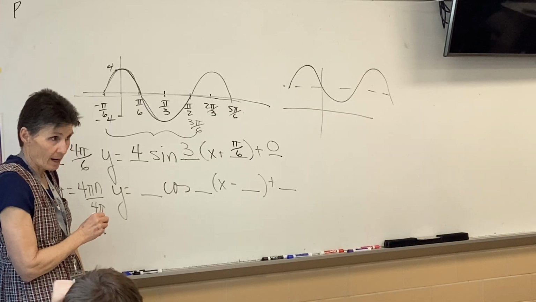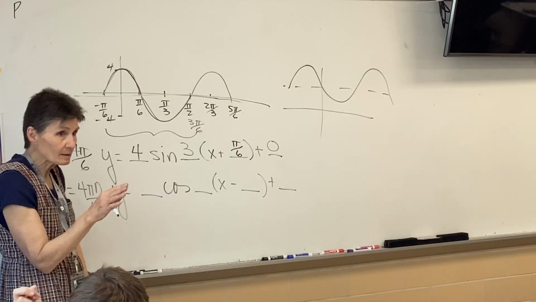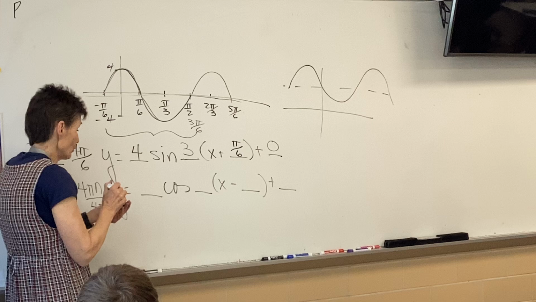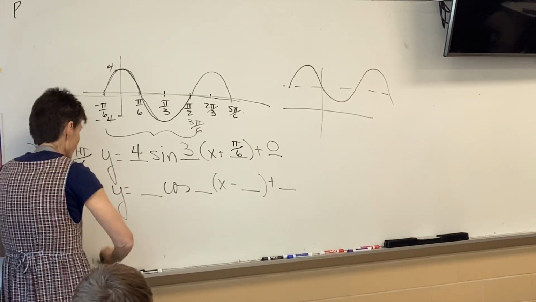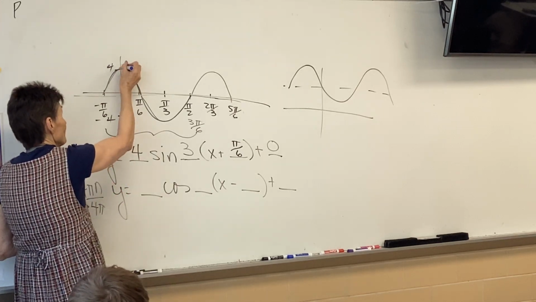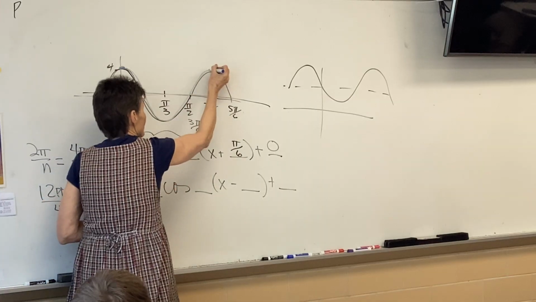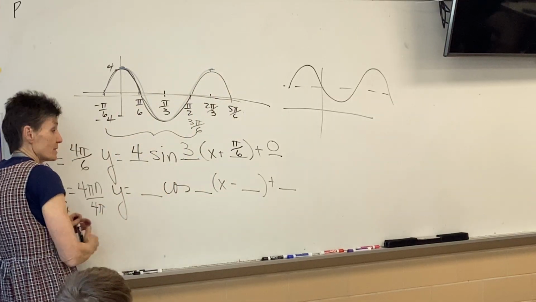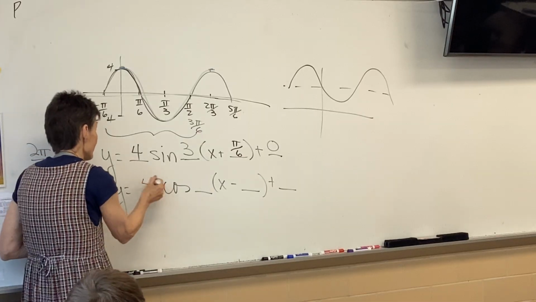Now the cosine is exactly the same. What part are you looking at if it's a cosine? Want to start right here? Yeah. Do that. Well, that's a positive cosine, so this is going to still be a positive 4.